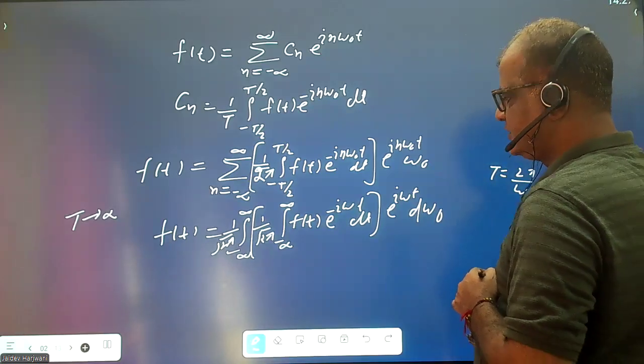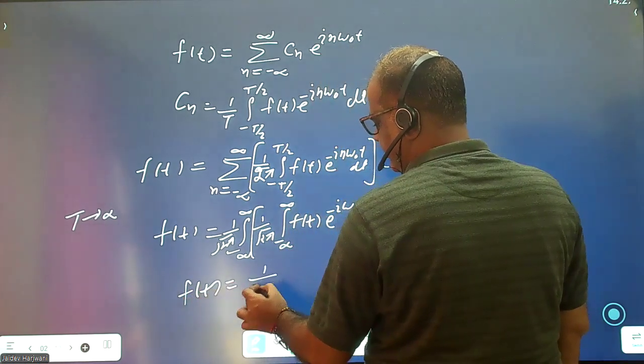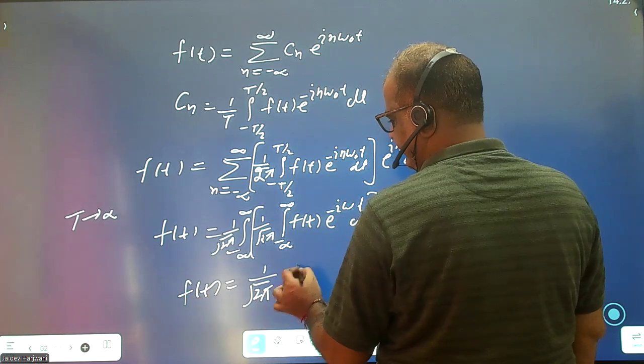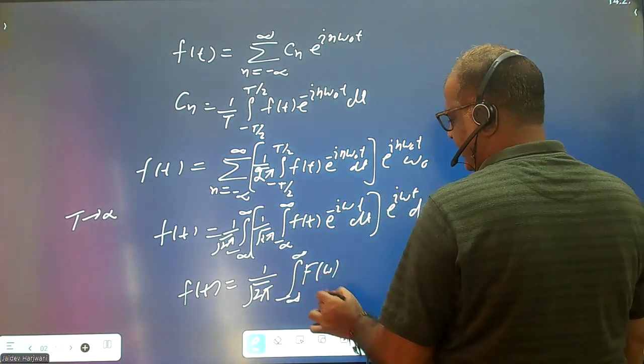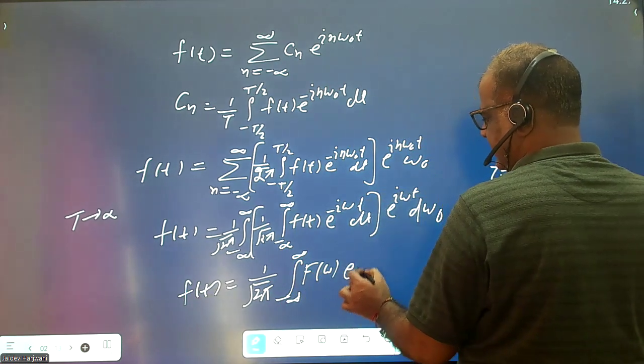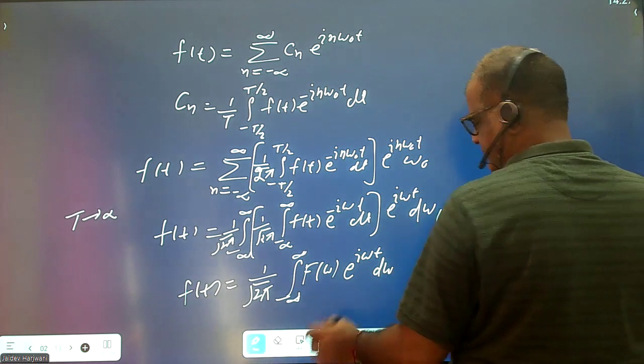Now this is continuous, and this function I can write f(t) as 1 upon root 2 pi, the integral from minus infinity to infinity of F(omega) e power i omega t d omega. You write d omega only.